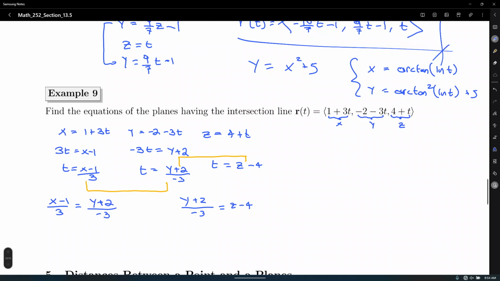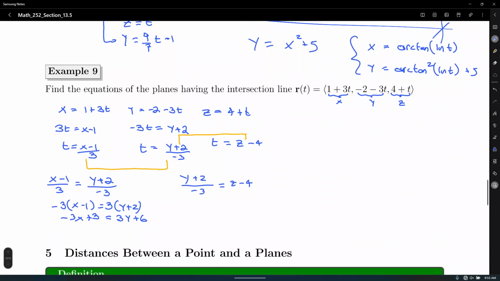Let's get these equations of planes in general form. I always mix them up. Okay, so I'm going to cross multiply. That's negative 3 times x minus 1 equals 3 times y plus 2. That's negative 3x plus 3 equals 3y plus 6.